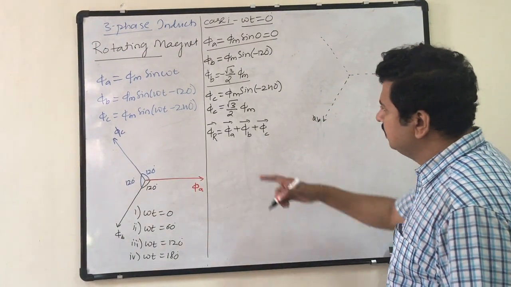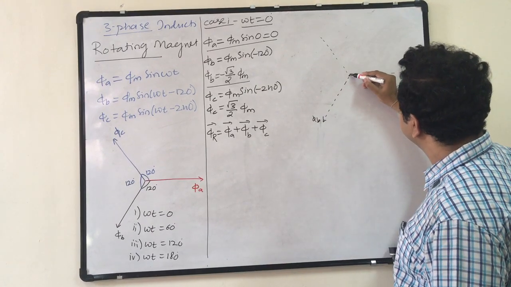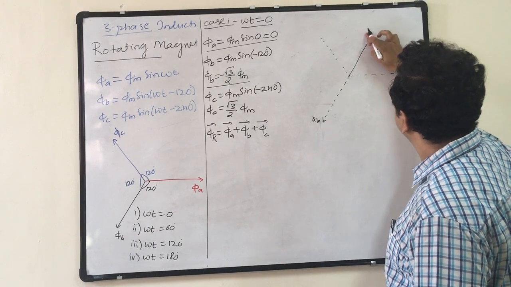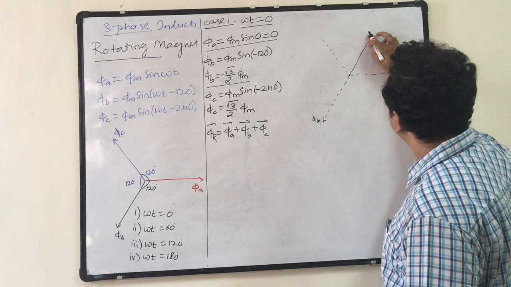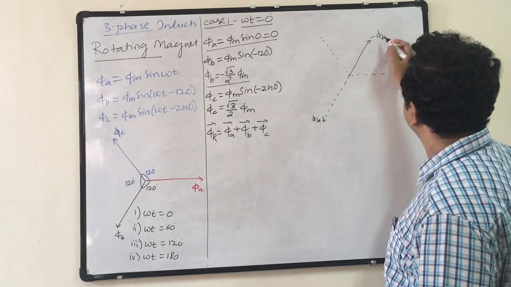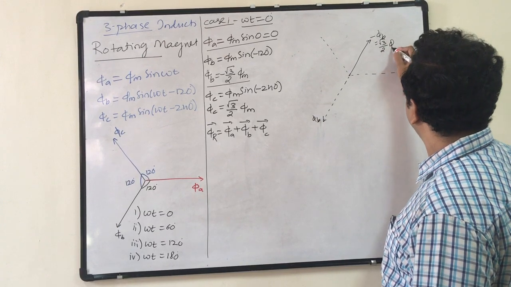Now phi b is minus root 3 by 2 phi m. The direction of phi b will now change. So this is minus phi b, equal to root 3 by 2 phi m.